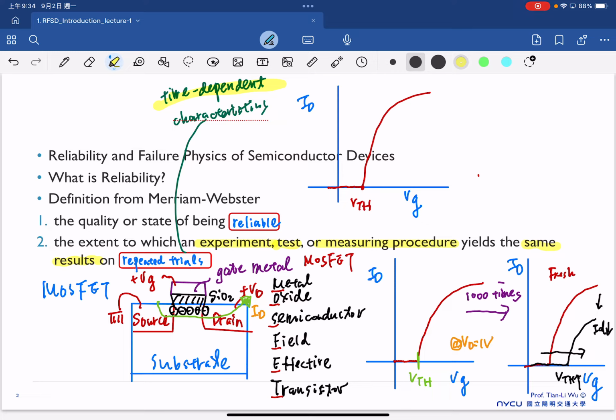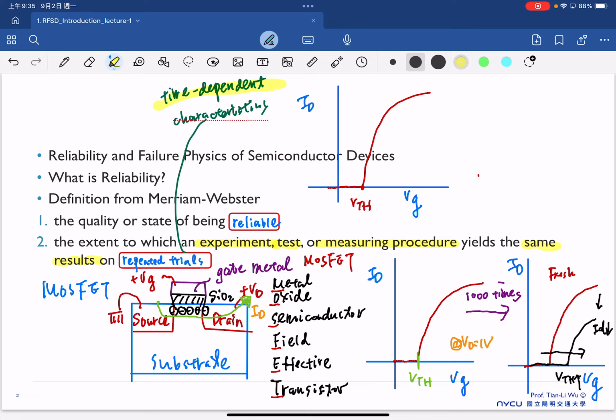One difference between the conventional semiconductor device class and reliability is that we need to incorporate the time factor. So once we consider all of the current-voltage, threshold voltage, breakdown, whatever, we always need to consider the time-dependent factor.